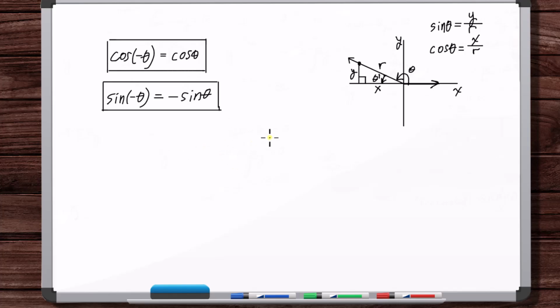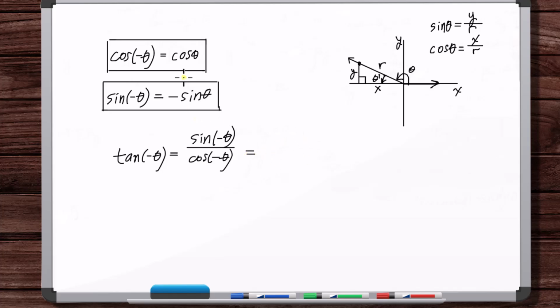Now, to think about tangent of negative theta, we know the quotient identity says that tangent of an angle is equal to the sine of that angle over the cosine of that angle. So we can write tangent of minus theta as sine of minus theta over cosine of minus theta.